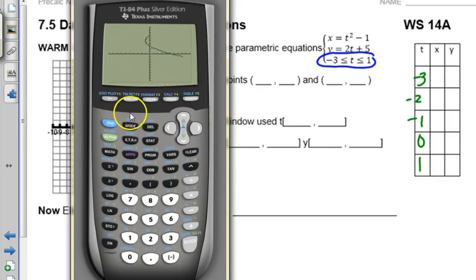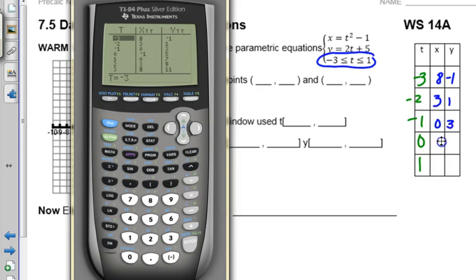Anyway, I can go to the table and fill this in from -3. Okay, I got 8, -1, 3, 1, 0, 3. I can't read those guys. -1, 5. Did I get it right?